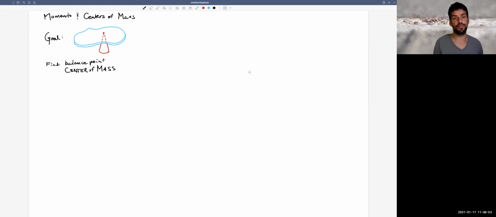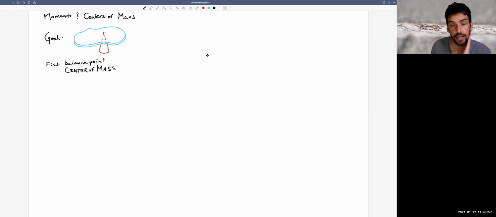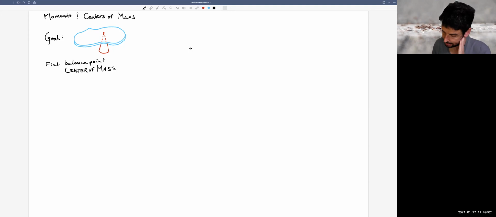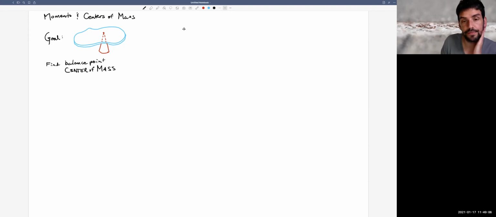So instead of starting with this big abstract shape, let's imagine something a bit simpler. Let's start with two masses.